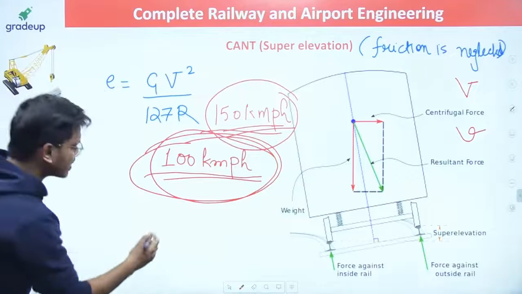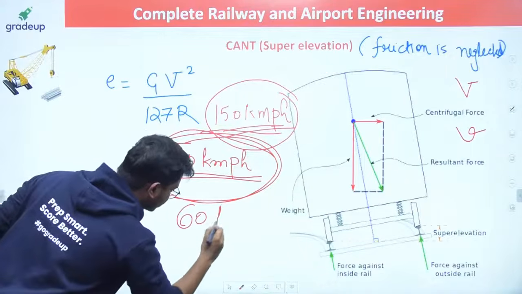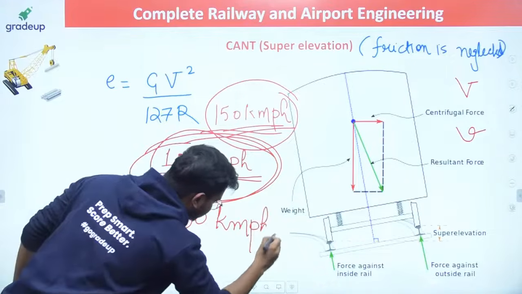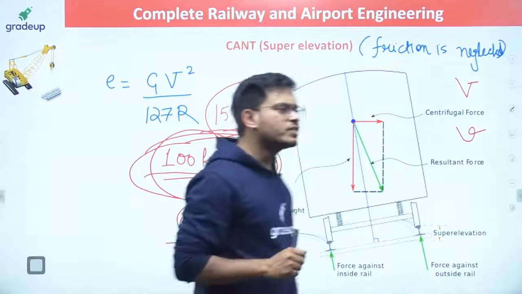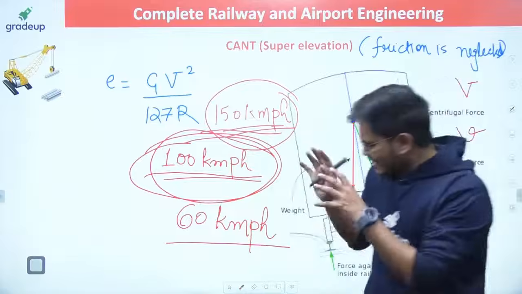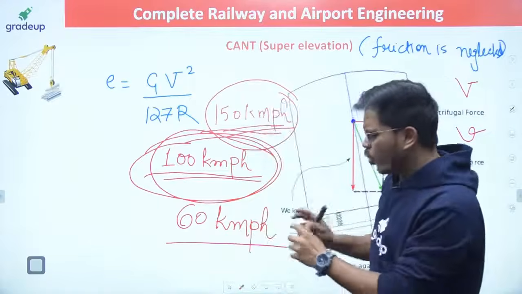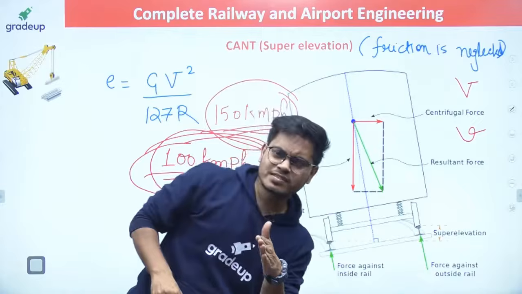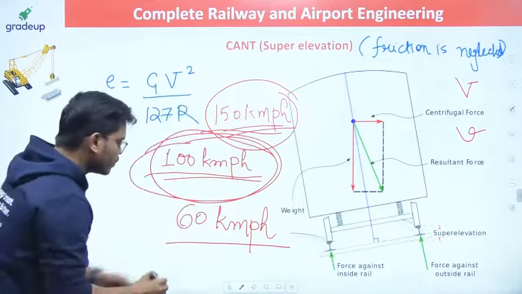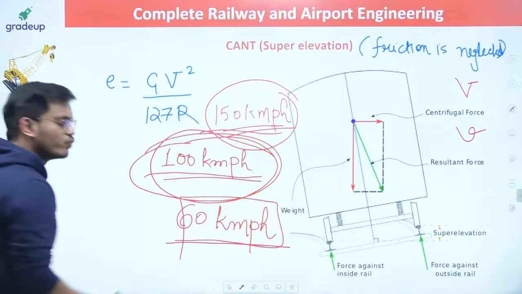Now imagine that there is a train which is moving at 60 kmph. Now what is going to happen with this? It is going to experience that, oh my god, the train is tilted. The train is moving with very slow velocity.